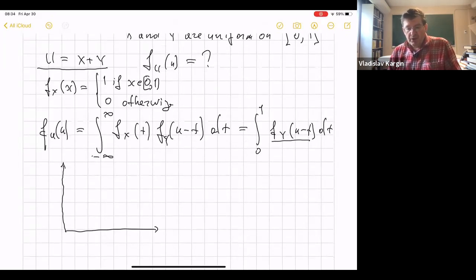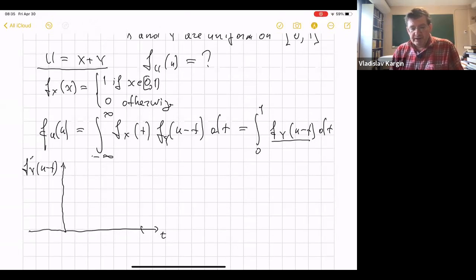And so now here is the t, and here this will be f of y of u minus t. Now this f of y of u minus t is always equal to 1, right? But it depends on where it's equal to 1.